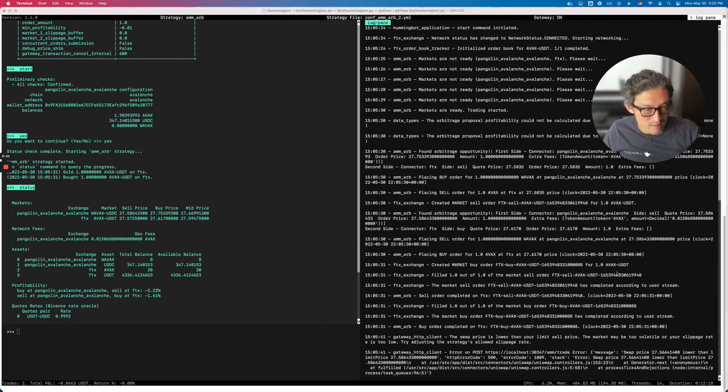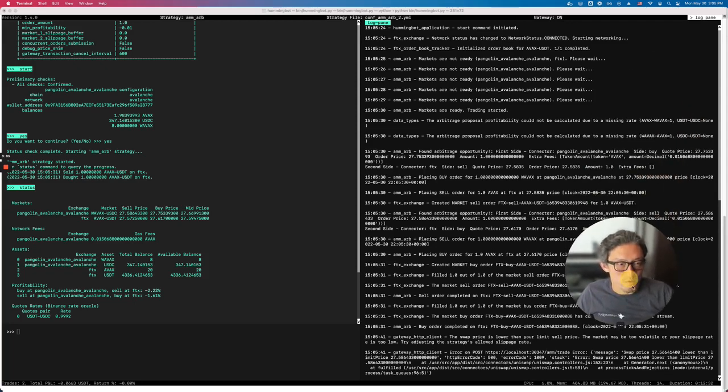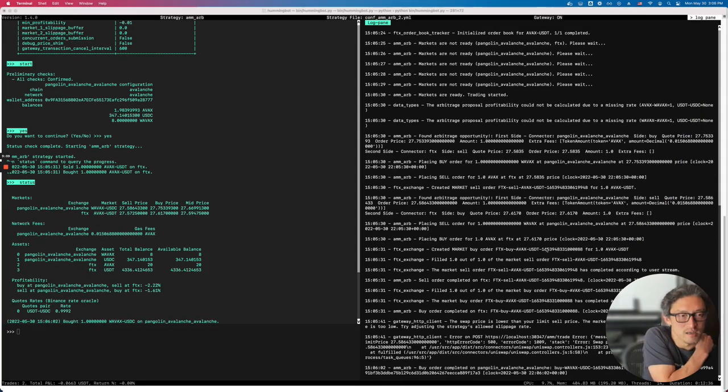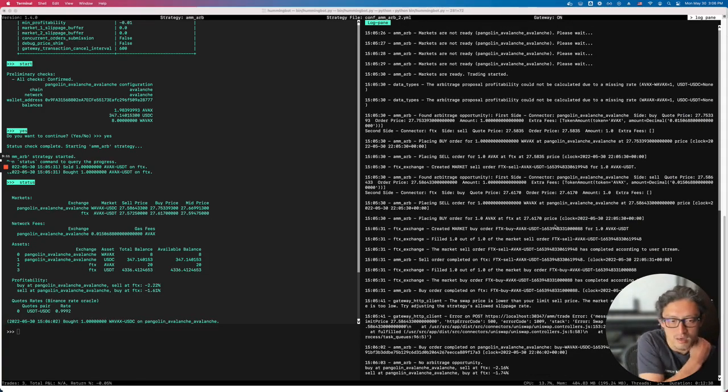Okay, there's an error now. Okay, interesting. The swap price. Interesting. So let's look at this trade to see if it actually did an ARB or not.